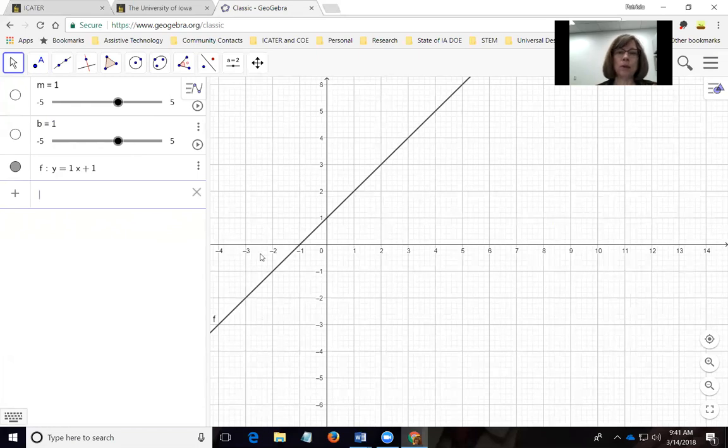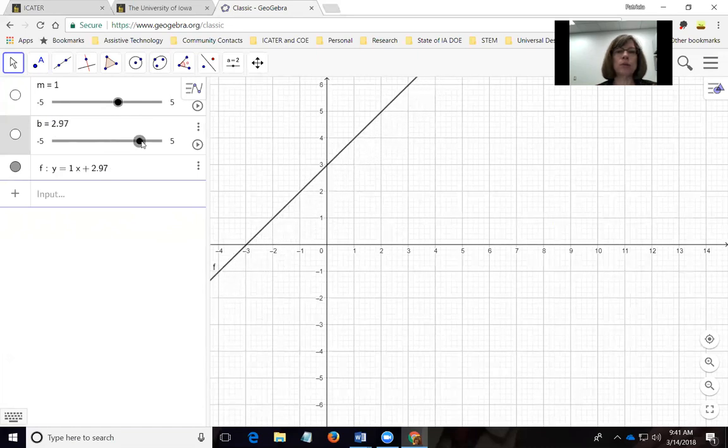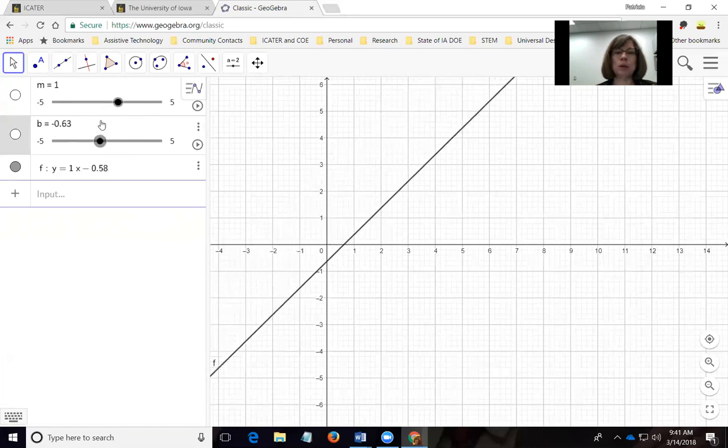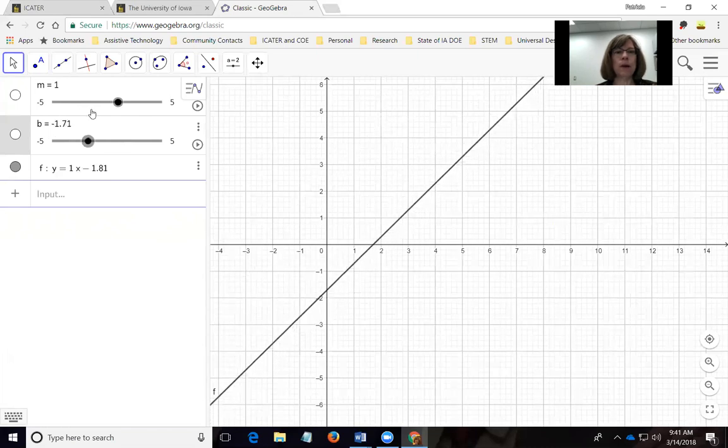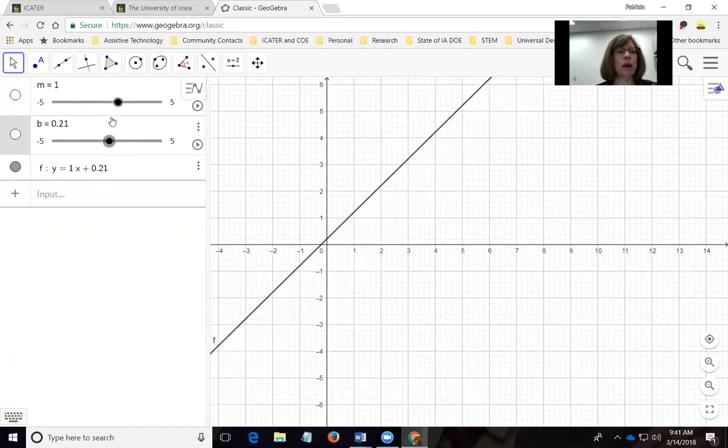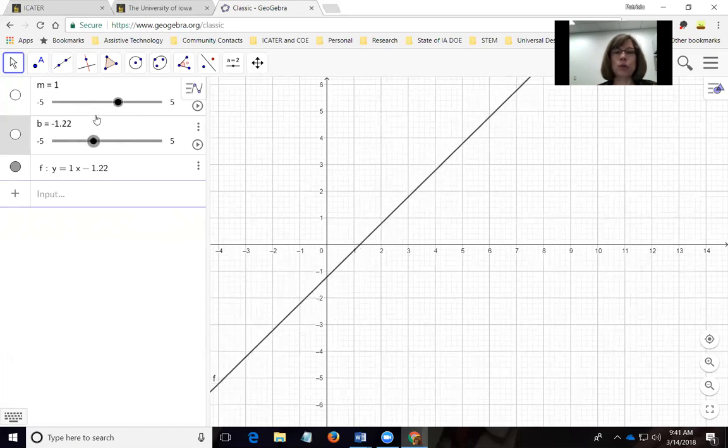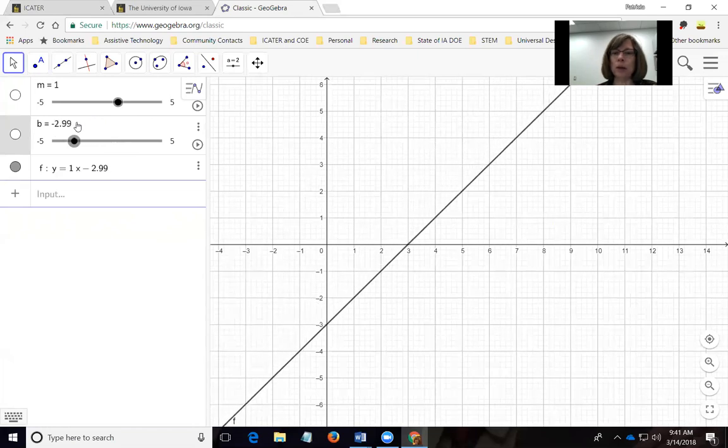So this has got a slope of 1 and a y-intercept of 1. But if I change that, there's my y-intercept moving, and just think about that line and how that would help your students to understand the y-intercept.